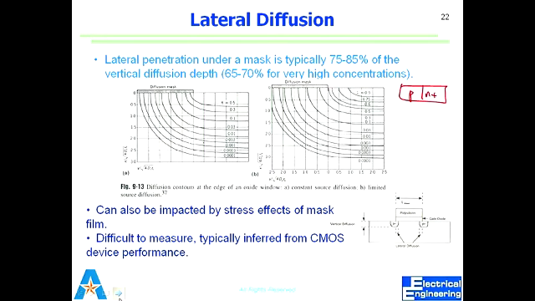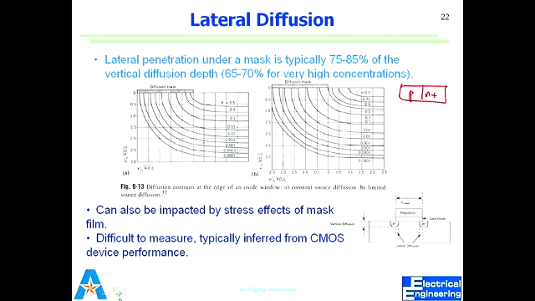What you call the space charge region or the depletion region is now thinner, because these are small protrusion types which come under the gate. Right? That's compounded with the effect we call lateral diffusion. This happens, it's 75 to 85% of the vertical diffusion.